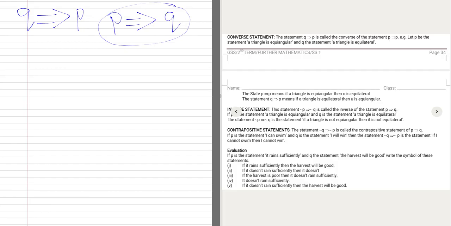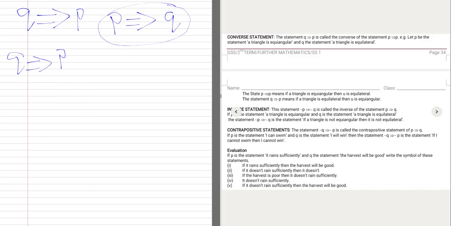So if you have the statement Q conditional to P, then the converse is P to Q, and it is represented like this. So whenever you see this, it means converse. Are you seeing that now? It means converse.